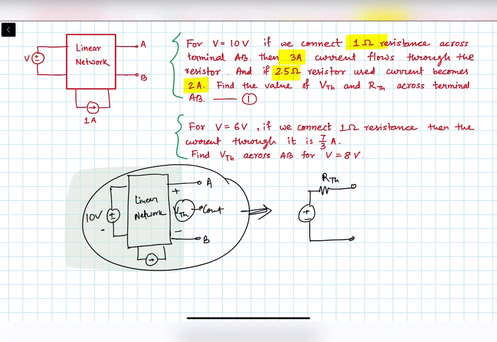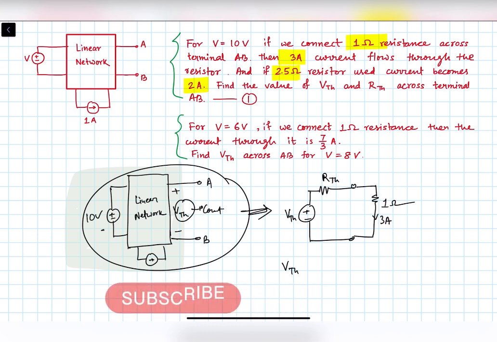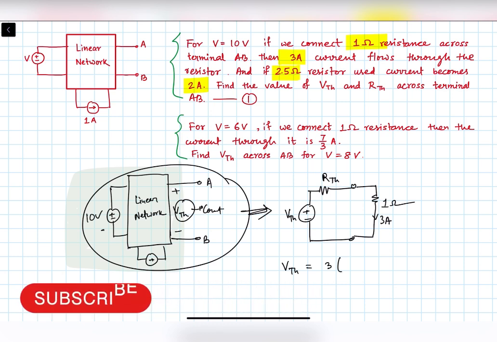So now let's put 10. Now we connect 1 ohm resistance, and this is VTH. Then we are getting current as 3 amps, correct? So now we can say that VTH is equal to 3 into RTH plus 1.